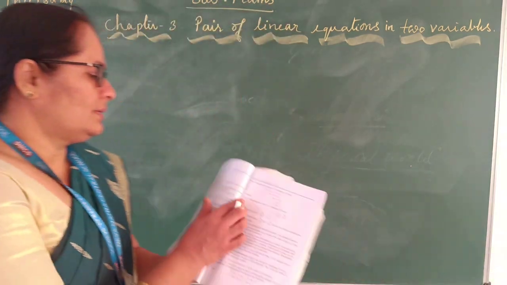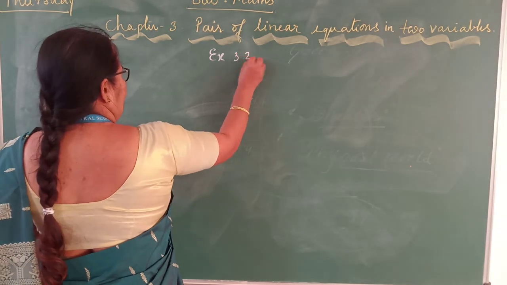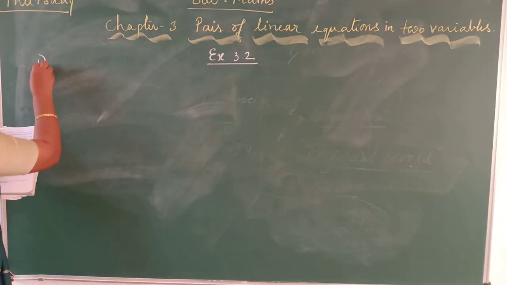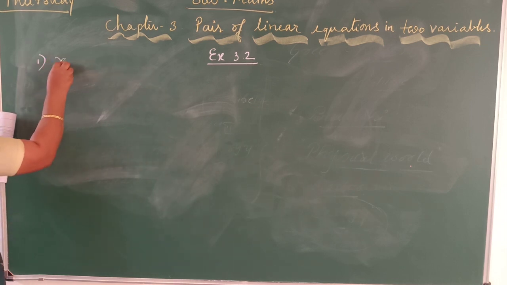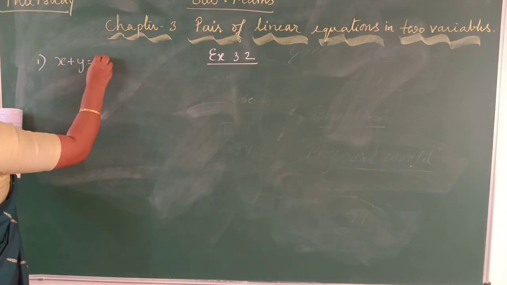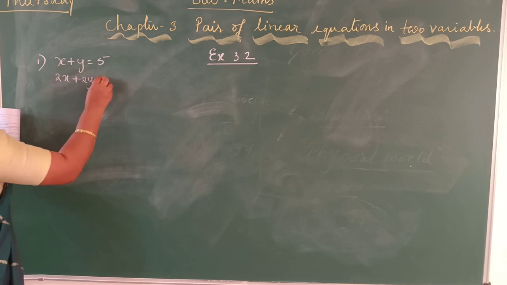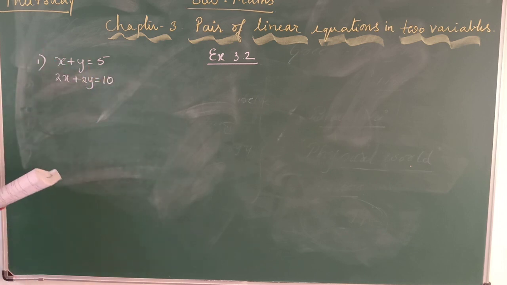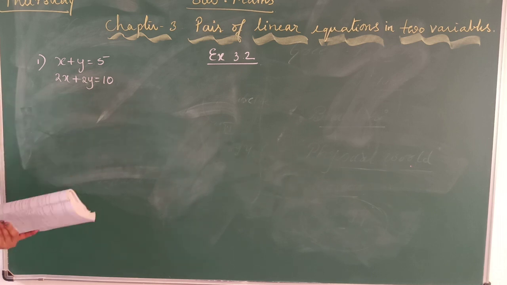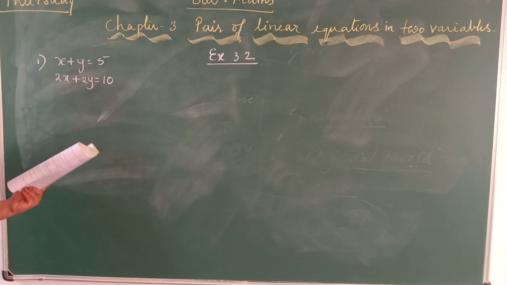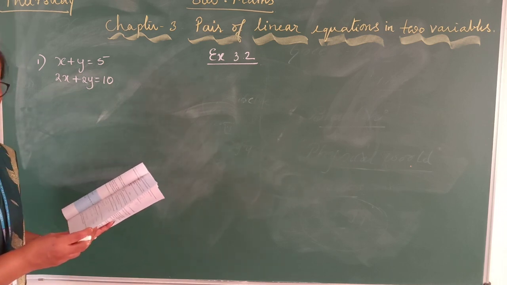Now, the first question is exercise 3.2, the first one: x plus y equals 5 and 2x plus 2y equals 10. Now you have to tell whether these equations are consistent or inconsistent. If it is consistent, then you have to draw a graph for these equations, right?